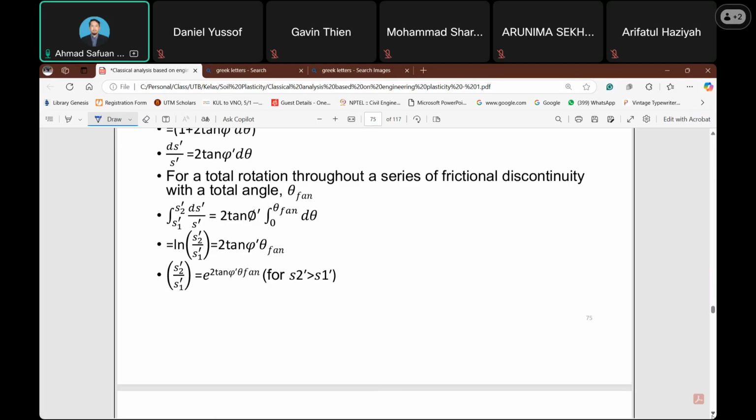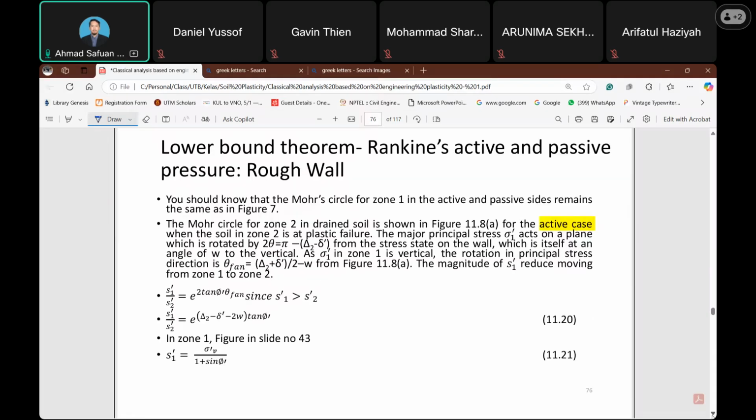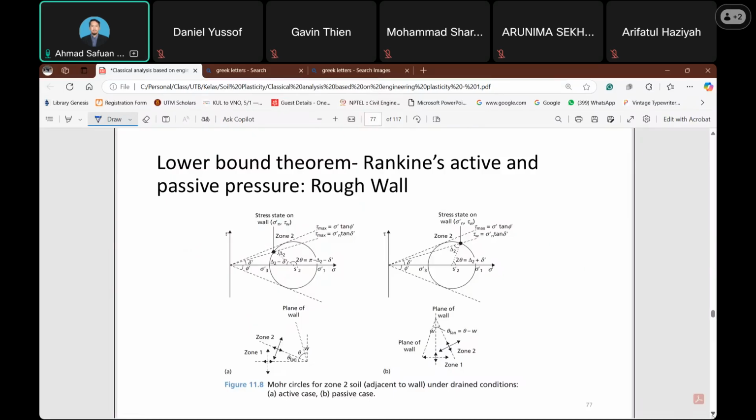Okay. The Mohr circle for zone 2 drained is shown in 11.8a. Okay, so then we refer to this diagram, okay, to do the same procedure as the one for the undrained.